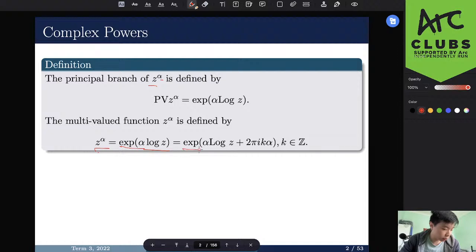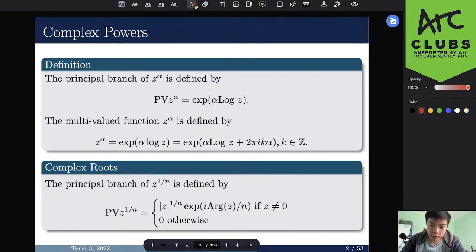And of course, if we expand this, since log in this case is multi-valued, we have the exponential of alpha times the principal log z plus 2i pi k alpha, and k is some integer. And of course, the principal value is just the exponential of alpha times log z, where log is the principal log. And of course, that just means if we want to transform our multi-valued power into a principal value, we just have k equals 0.